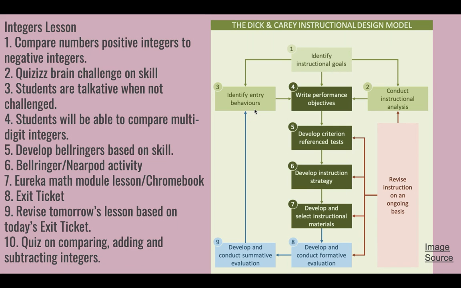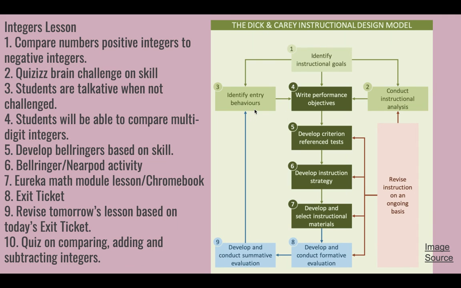I do a quizzes brain challenge, after I know exactly what is required of me, and I have those skills broken down. I need them to be able to tell me what is an integer, what are positive numbers, what are negative numbers, and what are the comparison signs.